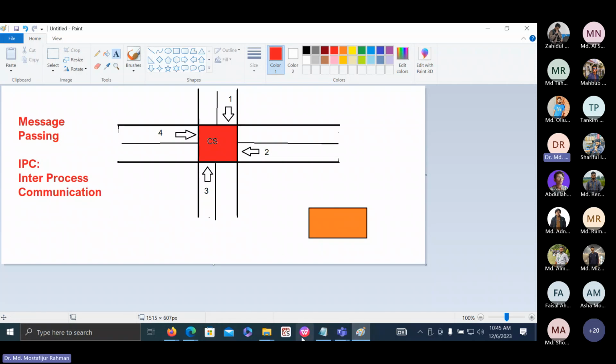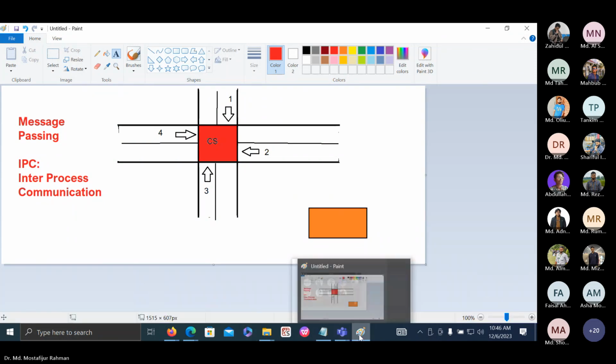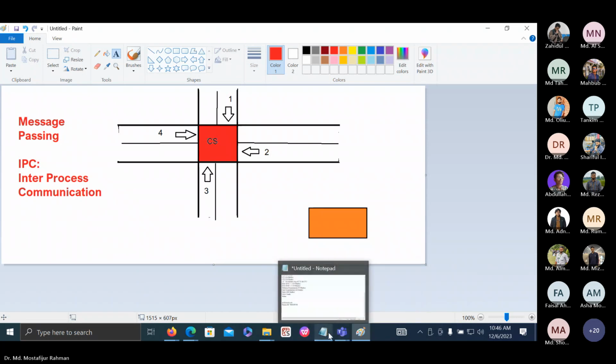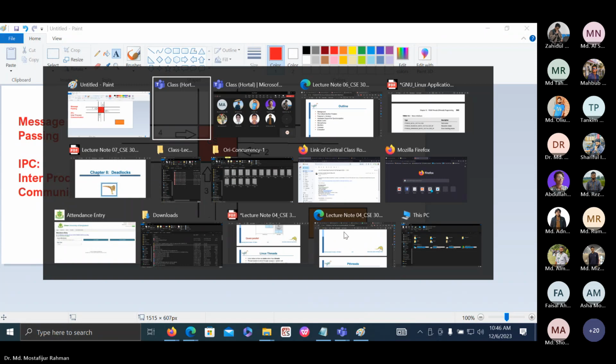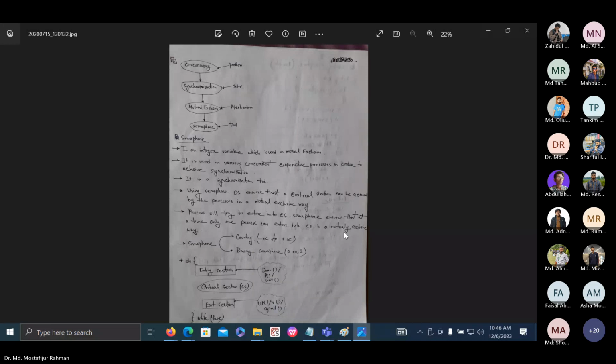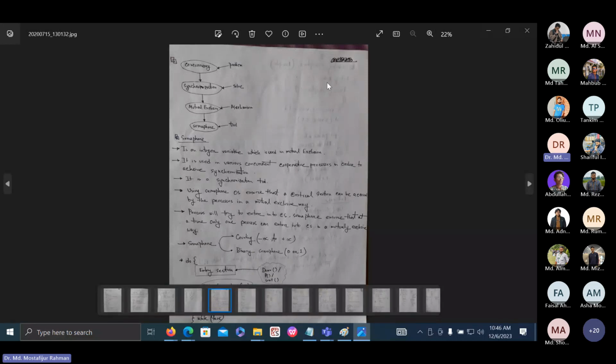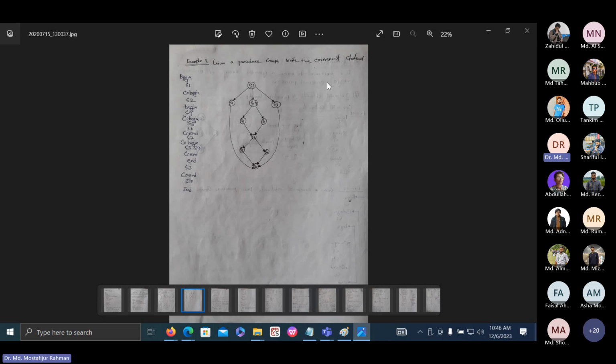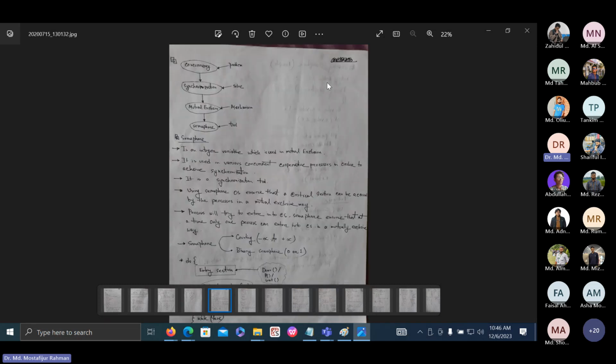Just now I discussed the precedence graph and concurrent statements. Now we go through the semaphore.